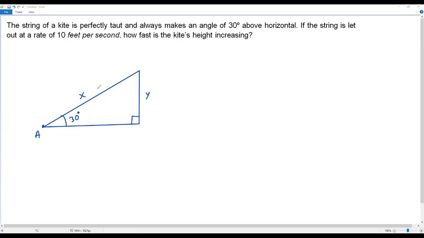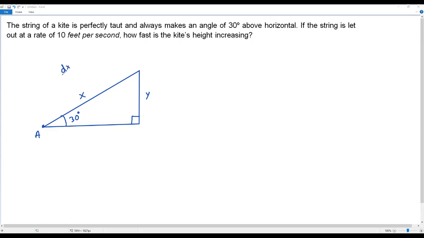Whenever we have a change in a quantity, in calculus, the change in the quantity can be expressed using a derivative. Since the length of the string is increasing per second, we have to express this change with respect to time. How do we express this as a derivative with respect to time? It's very simple.